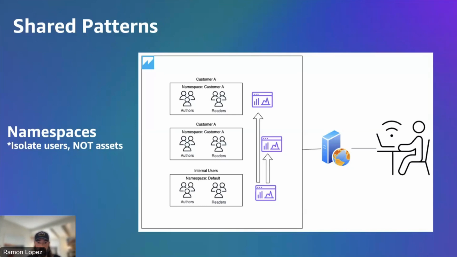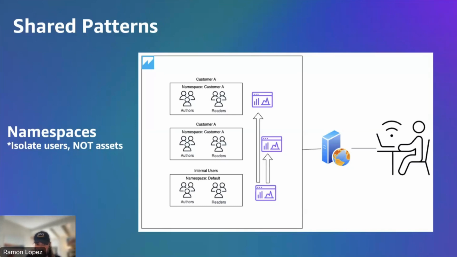Now, you might have customer A and customer B. Again, apologies, another typo there. But those two different customers, those two separate namespaces, are going to help you in isolating the users, not the assets, but the users across the namespaces.